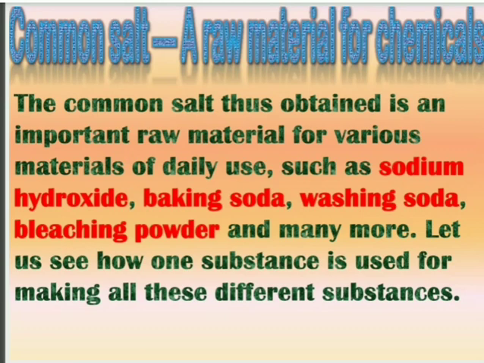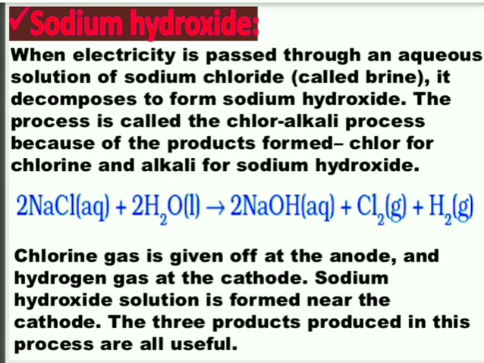The formula of common salt is NaCl, and NaCl is used as a raw material to make many new substances which are used in our lab. For example, sodium hydroxide, that was an alkali which is soluble.